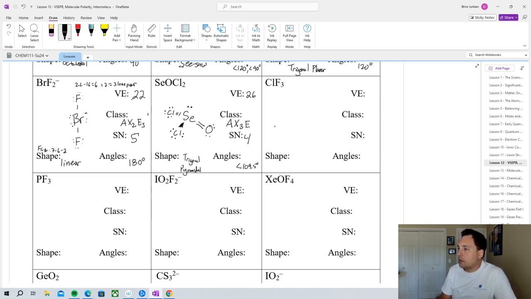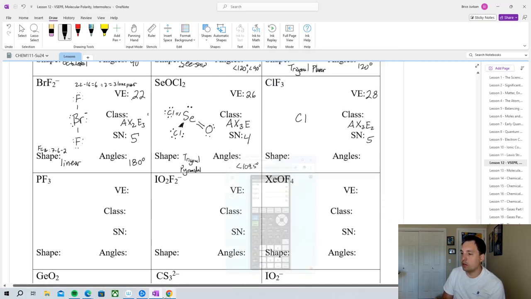All right, the next one is chlorine trifluoride. Here we have 4 times 7 or 28 valence electrons. The chlorine is going to be in the middle, and if we give 8 electrons to each of the fluorines, we'll be left with 4 electrons left over, meaning the notation is going to be AX3E2, and we can go and look at what that should be.